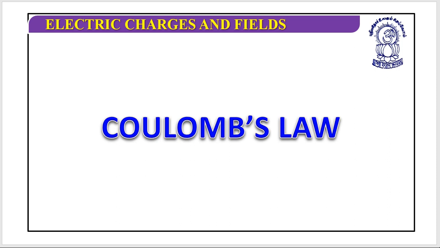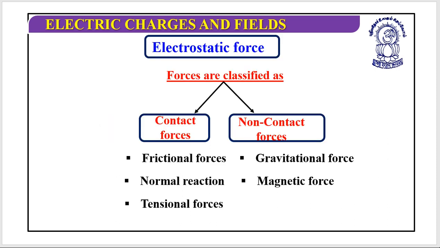Before going to Coulomb's law, we will look at what kind of forces there are. We can categorize them into two categories: contact force and non-contact force. Which forces come under contact force?